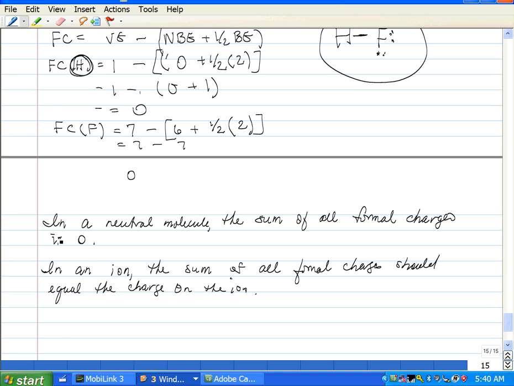It's 0. I was writing fast. Okay. In an ion, the sum of all formal charges is equal to the charge on the ion. Okay. We like small or 0 formal charges more than large ones.